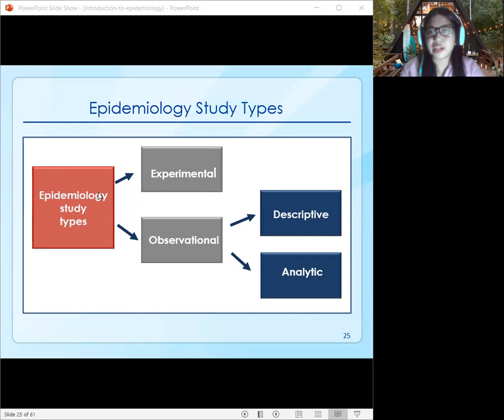In a descriptive study, the epidemiologist collects information that characterizes and summarizes the health event or problem. While in an analytic study, the epidemiologist relies on comparisons between different groups to determine the role of different causative conditions or risk factors.